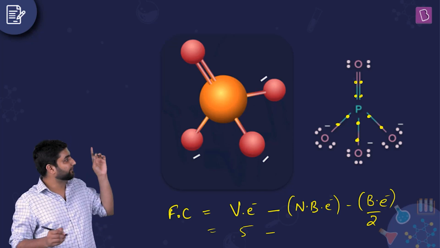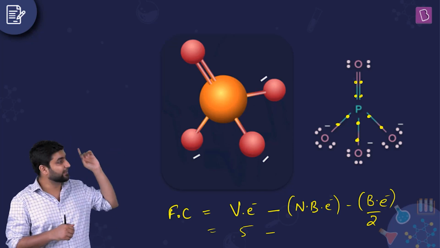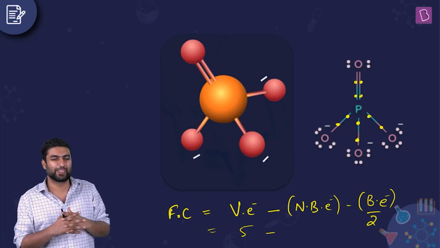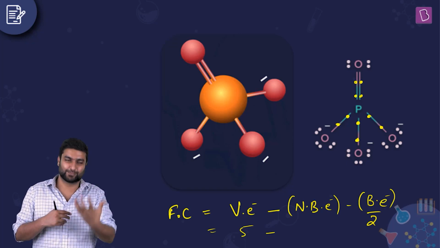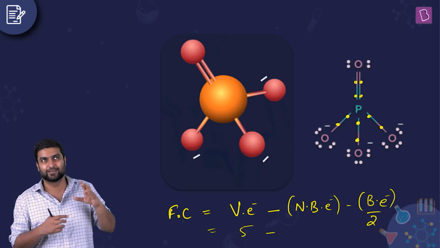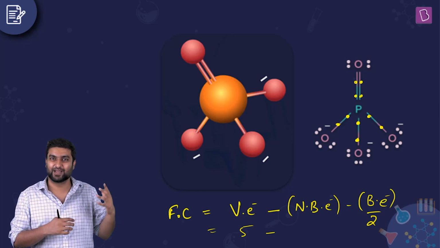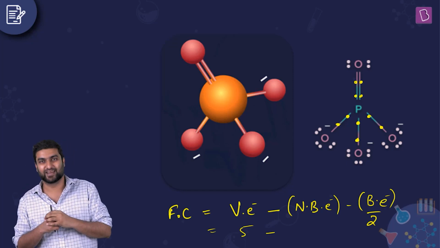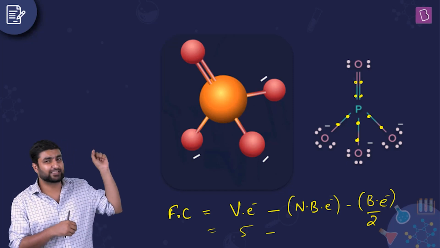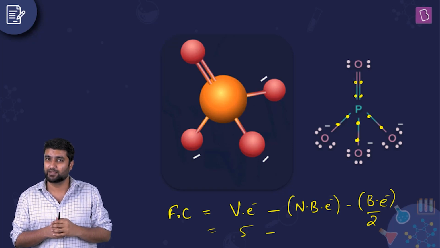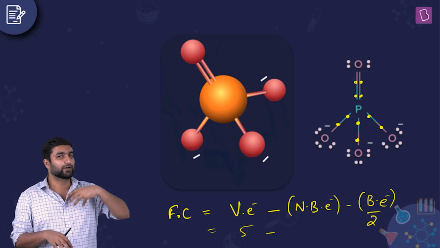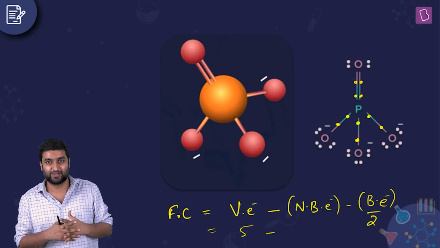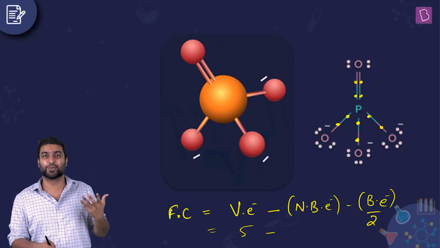Why? Because phosphorus in PO4 3 minus is an example of expansion of octet. It has 10 electrons overall in its valence shell right now, if you count the bonding ones as well, the shared ones as well.